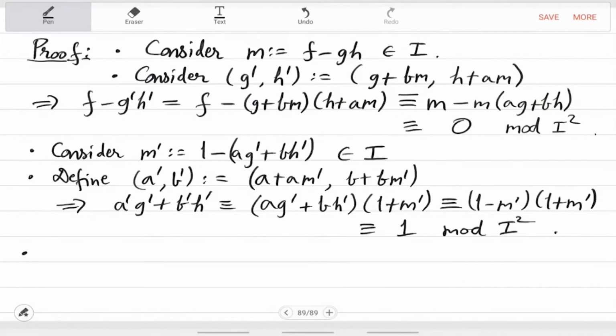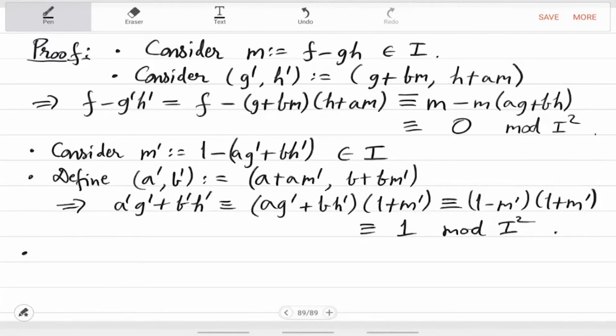Okay. Any questions? Why is this construction unique? So I just gave you one construction, right? Why is there no other construction possible of g prime? That you have to separately prove.